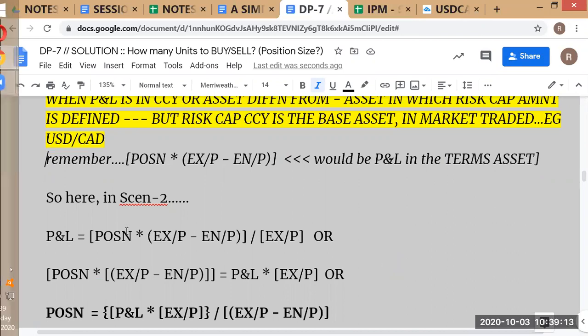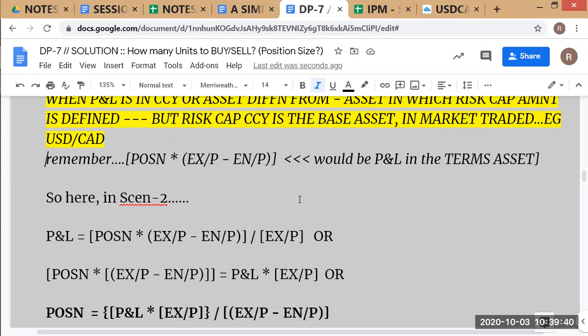First, you model the trade PNL, and you derive the trade PNL expression in the risk capital currency. So you divide the Canadian dollar PNL by the dollar-Canada exchange rate to get the US dollar PNL.